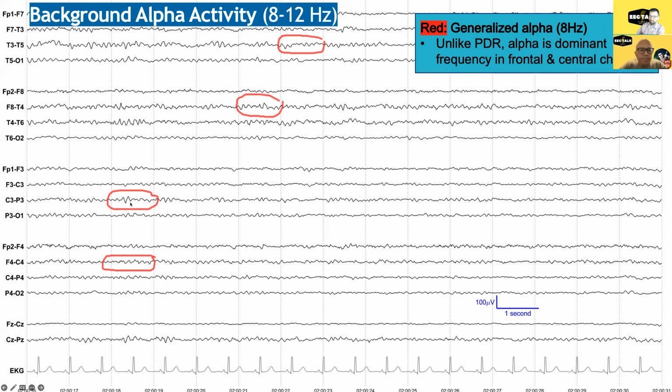Here's another alpha example. What's different about this alpha example? I think it's diffuse as well, maybe a little bit more anterior than posterior overall, but pretty diffuse. So this is definitely not a posterior dominant rhythm. Yeah, that's easier to distinguish, right? There's a lot of slowing, although we're not going to focus on the slowing here. Just look at the alpha.